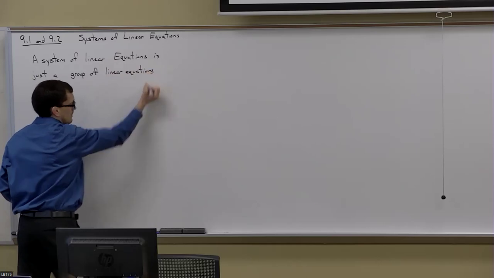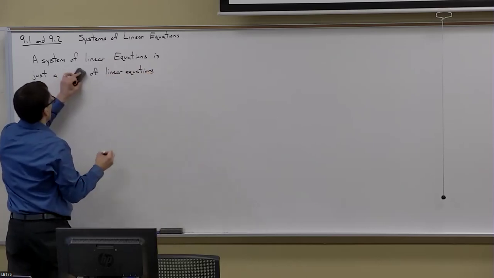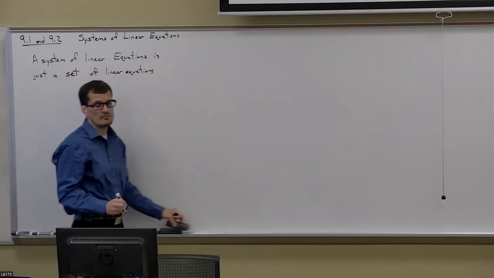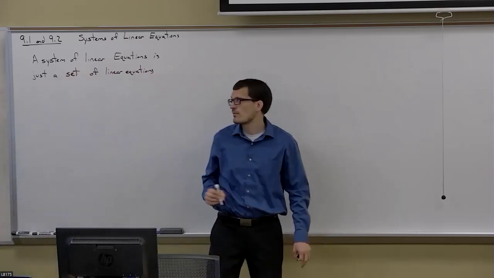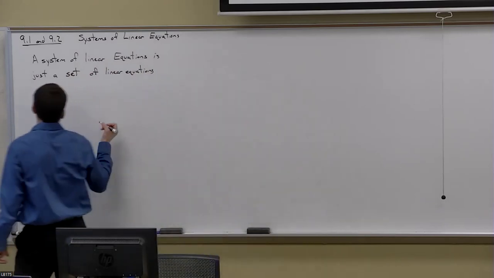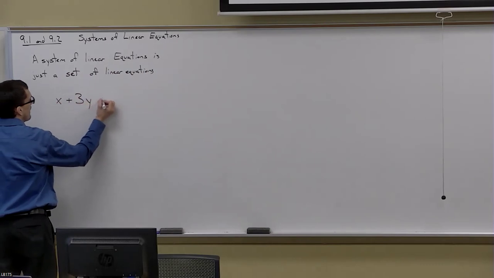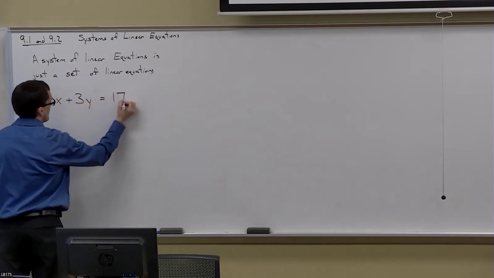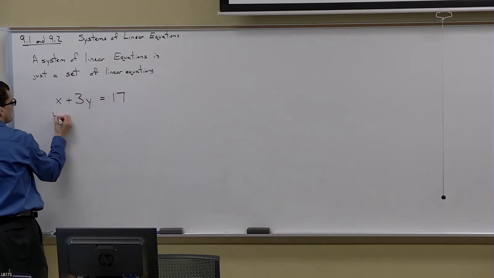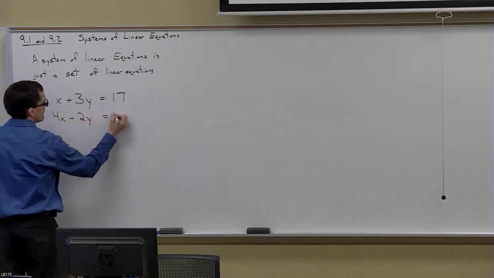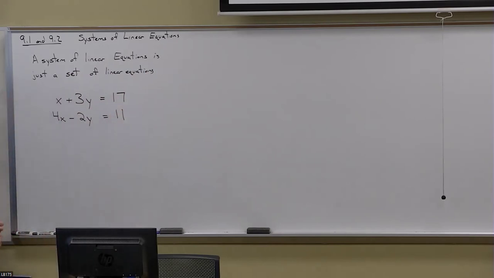I want to use the word set there to be a little bit more mathematically accurate. So for instance, if we have x plus 3y equals 17 and 4x minus 2y equals 11, that is a system of linear equations. Okay.